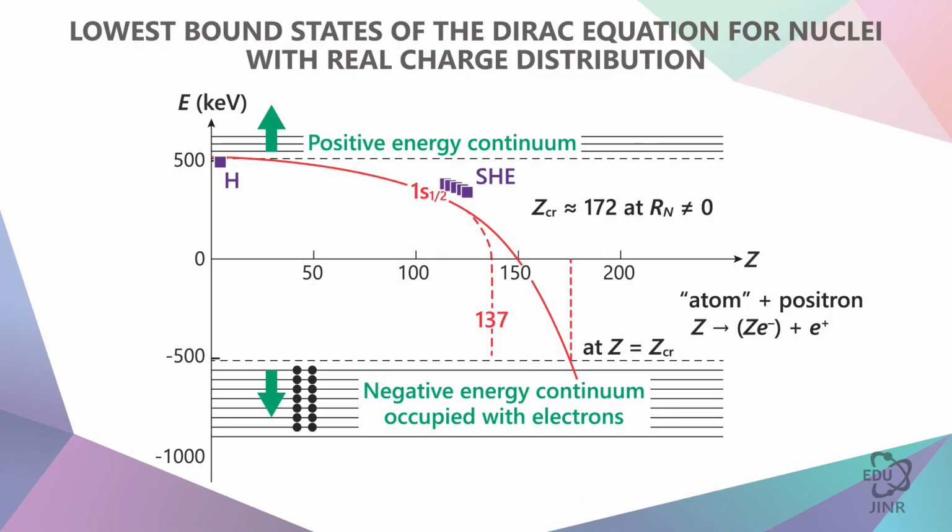The graph is clear. There is nothing in the vacuum. And as the charge of the nucleus increases, suddenly at a specific moment, an electron appears, which sits in orbit around a bare nucleus, very heavy, about 172 to 176. And a positron is emitted from the emptiness, which goes to infinity.